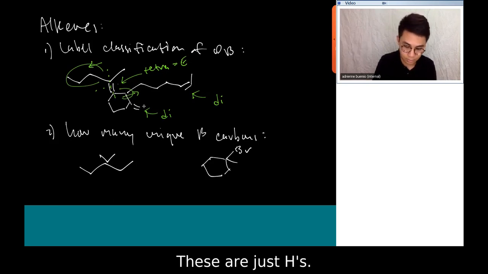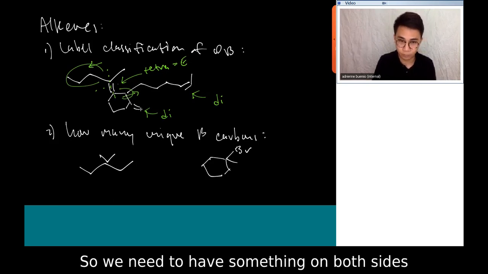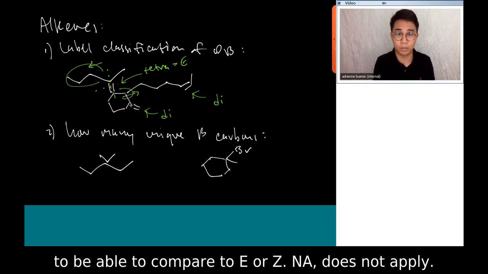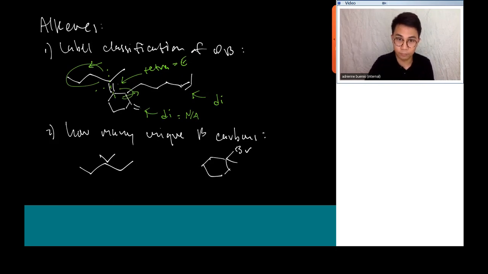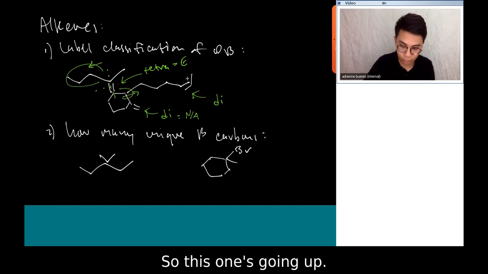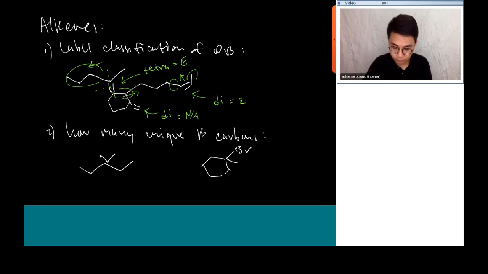These are just H's. So we need to have something on both sides to be able to compare it to E or Z. And it does not apply. What about this one? Right, there's only two. So this one's going up, this one's going up, so Z. So easy as that, right?